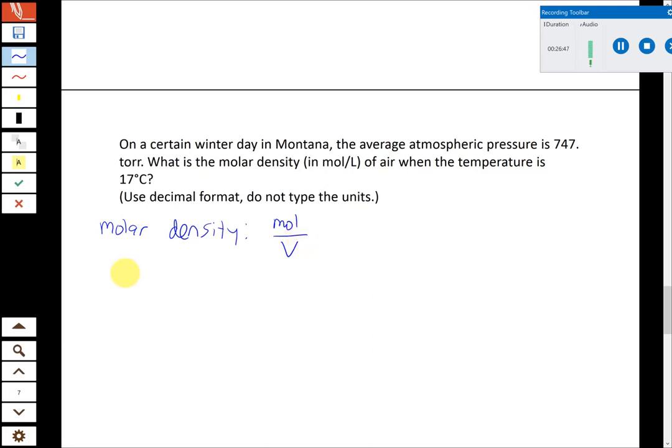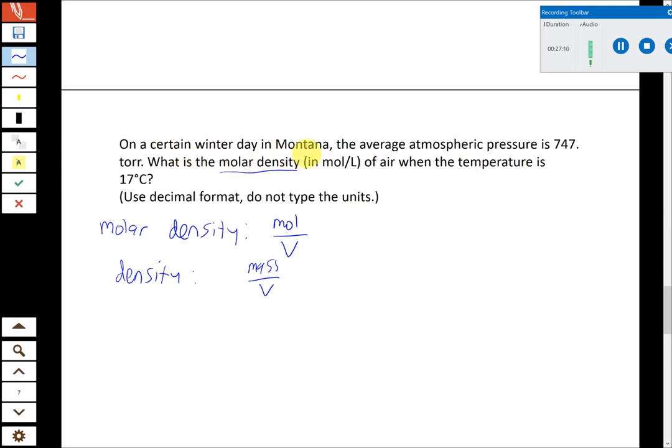The more common form of density that we already know is just density usually, or sometimes mass density. That's going to be the mass divided by the volume. So there's two different densities we can calculate for gases. This first problem here deals with molar density, although we don't deal with molar density very often, but in this problem we have it.